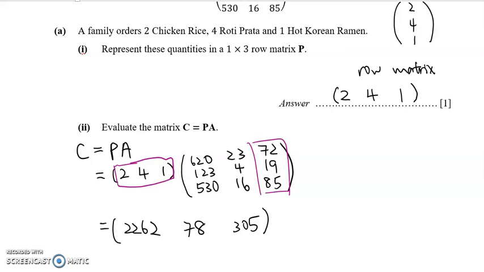If I have a 1 by 3 matrix multiplied by a 3 by 3 matrix, these 2 values have to be equal for it to be workable, and my resultant matrix should be a 1 by 3 matrix. So this corresponds. We will go on to the next part.